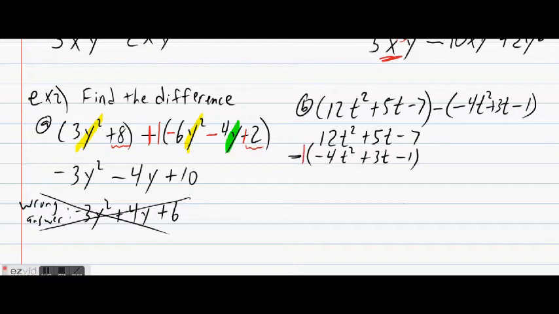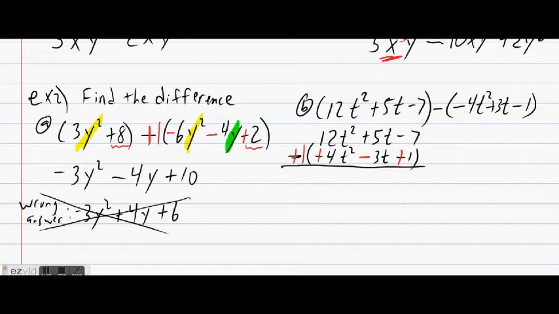Now you can think about distributing a negative 1, or we just change the subtraction to addition and change all the signs. So this 4t squared was negative, becomes positive. This 3t was positive, it is now negative. This 1 was negative, now it's positive.